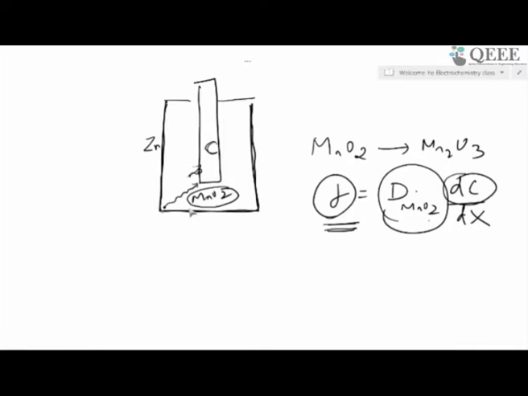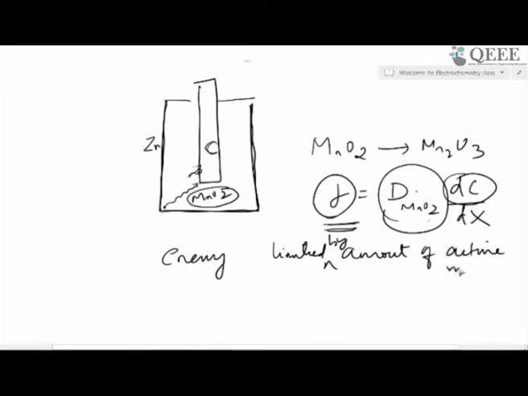But actually the total amount of energy that a battery can give is limited by the amount of active materials. Active material means MnO2 or zinc.